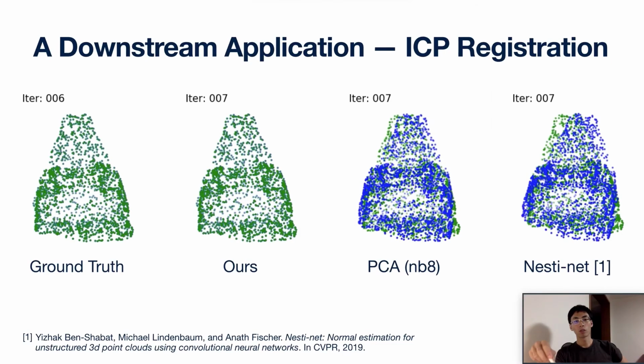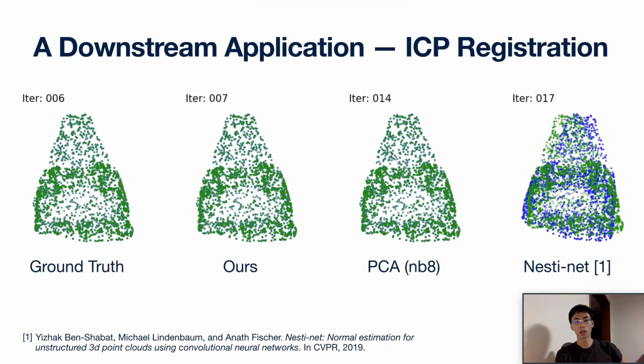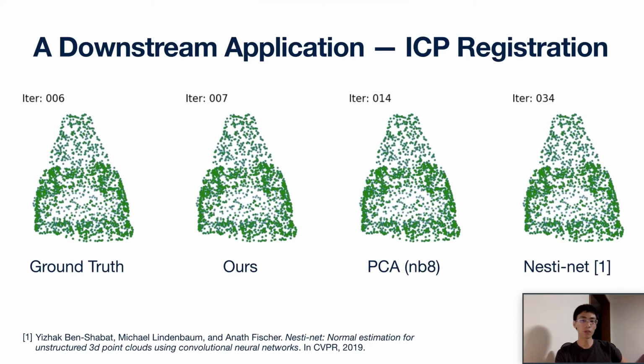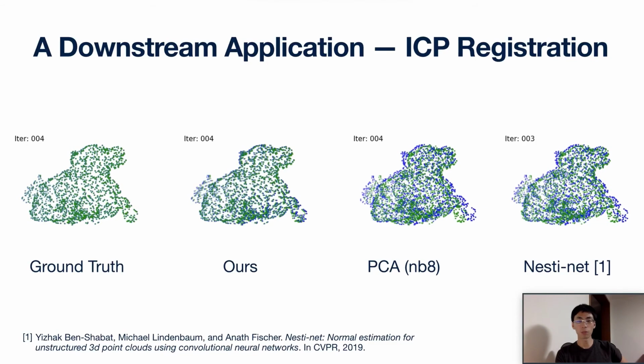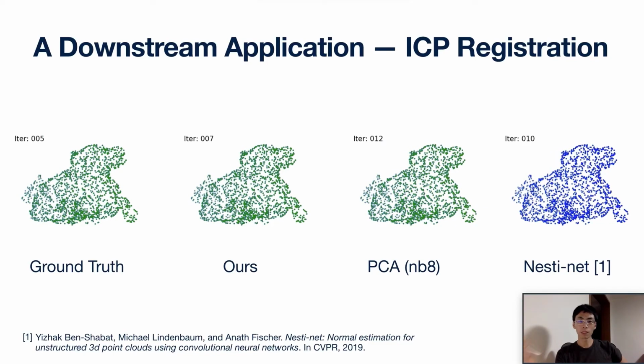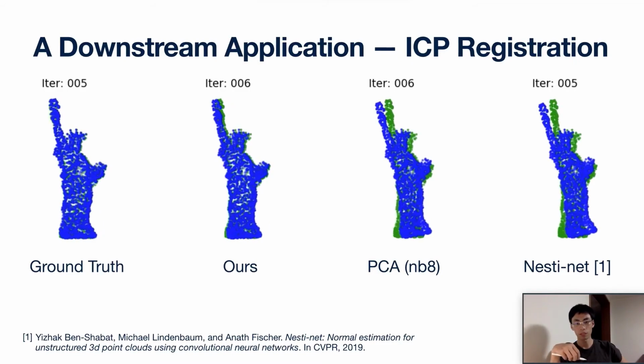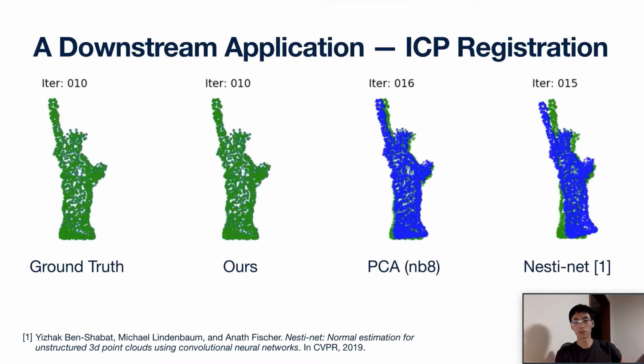Lastly, we use a point cloud registration task to show how a downstream application can benefit from the neighborhood-insensitive property. Many downstream applications rely on high-quality normals, such as surface reconstruction, camera tracking, and registration.